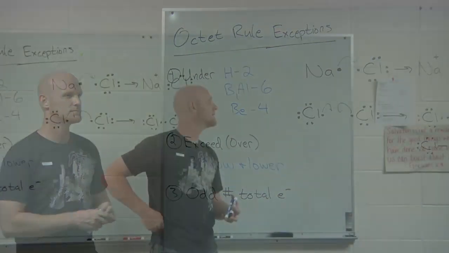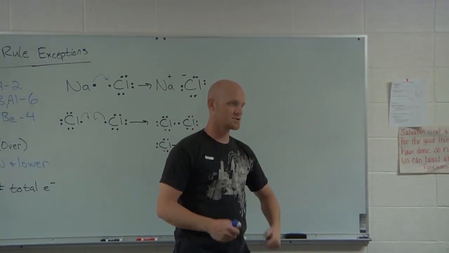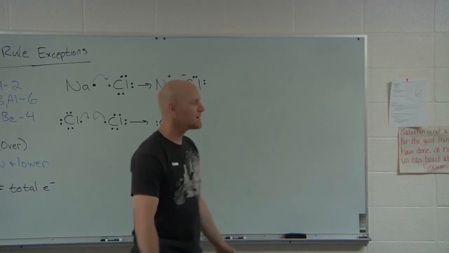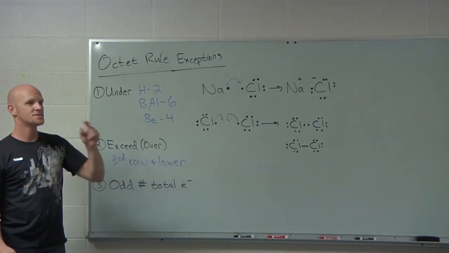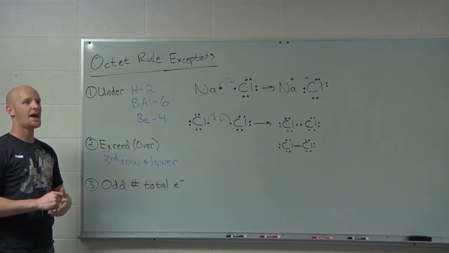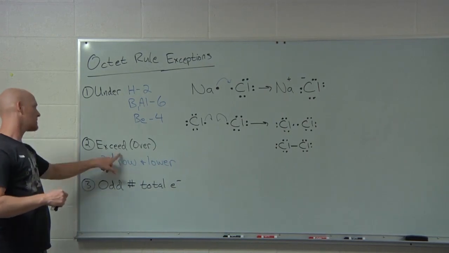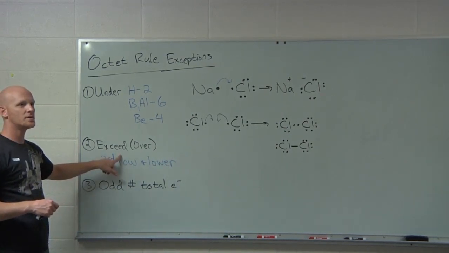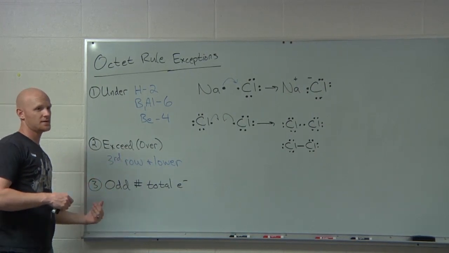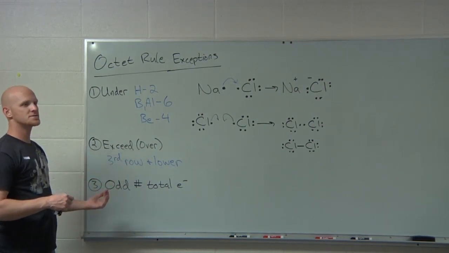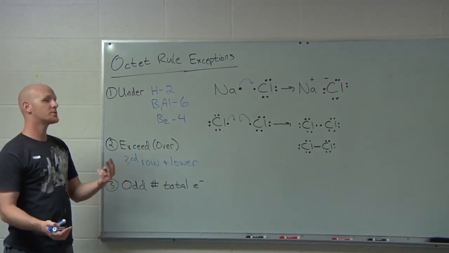There are really 2 ways to learn how to do Lewis structures. The way Dr. Briggs taught you, looking at electrons has and electrons wanted, works. But if you're in one of these cases where somebody's going over the octet rule, that way doesn't work, and you have to use the other way. Most classes just use the other way all the time. So you have to learn both ways in his class.